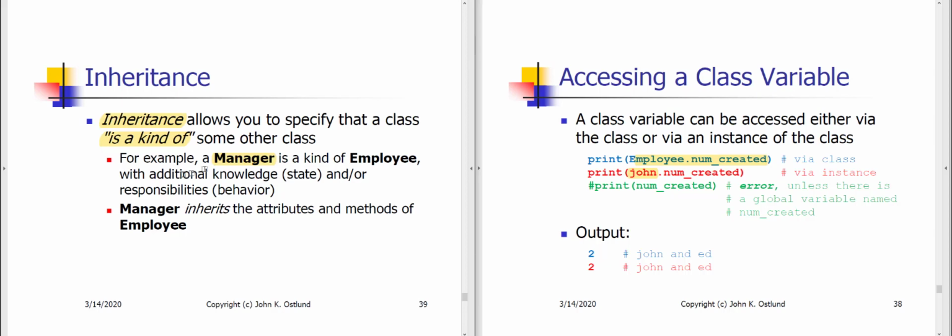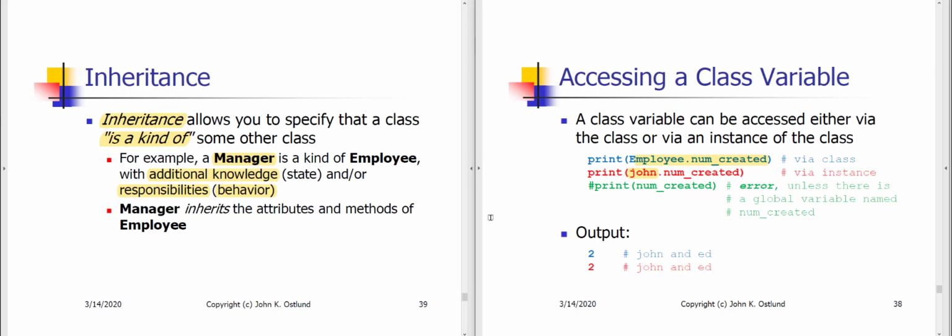But a manager has some additional state, that is, some additional instance variables, and some additional responsibilities or behaviors beyond what an ordinary employee has. For example, a manager is probably going to have a budget, and a manager is going to have a list of employees that report to the manager, and these kinds of things.